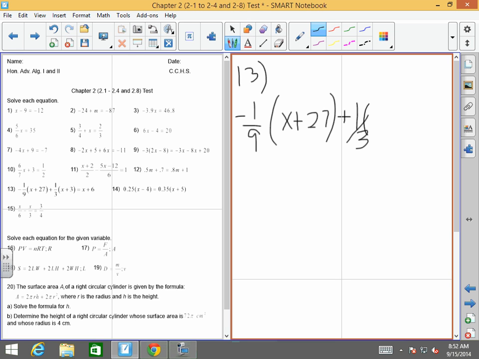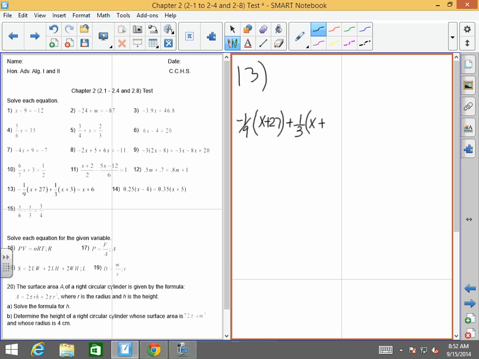Let's do it a little smaller. Negative 1/9 times x plus 27 plus 1/3 times x plus 3 equals x plus 6.